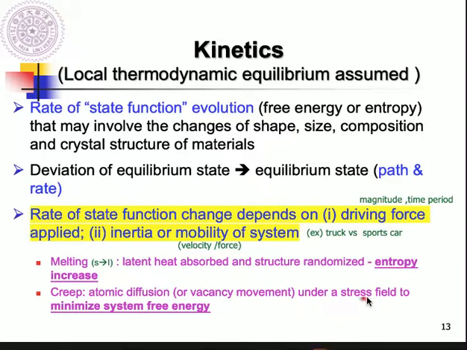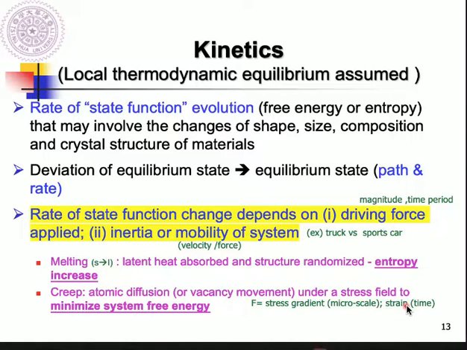And the driving force will be the stress field or stress gradient applied on these materials, because we use a light to hang it up, right? And this stress field will drive the mass transport of the atoms, and the purpose will be to minimize the system free energy. And you can observe it get longer and longer, and the strain increases over time.